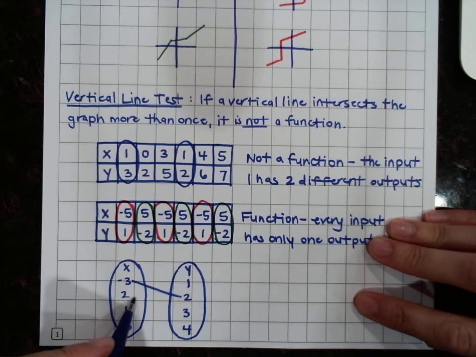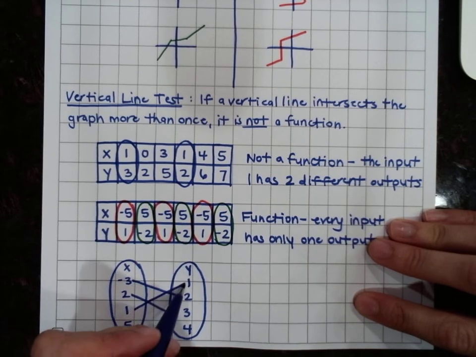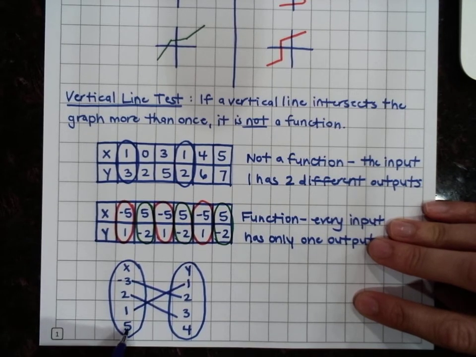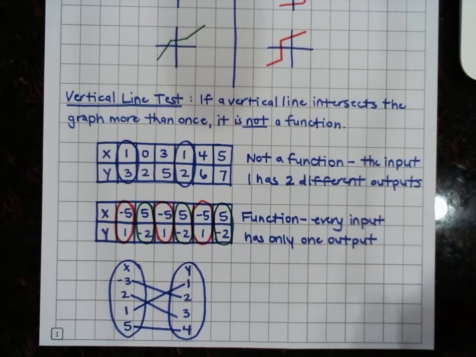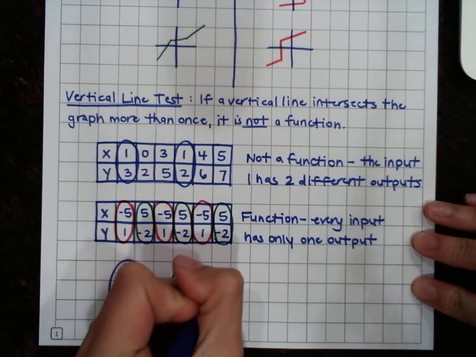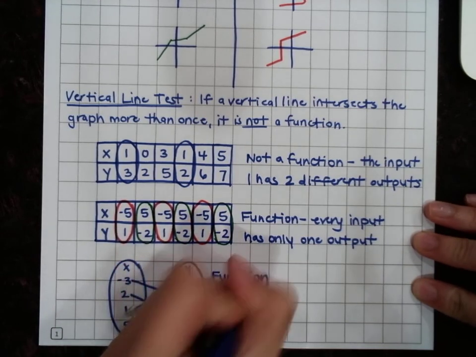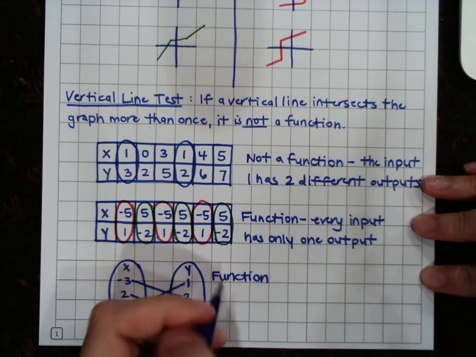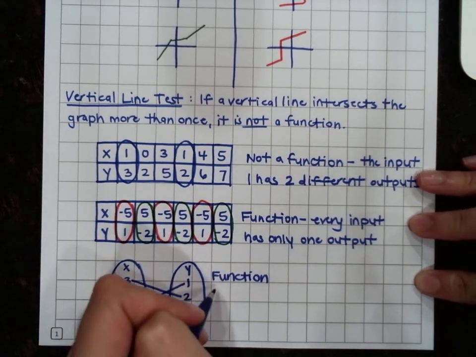If our input is 2, our output is 3. If our input is 1, our output is 1. If our input is 5, our output is 4. Is this one a function? Yes. Every input has only one output.